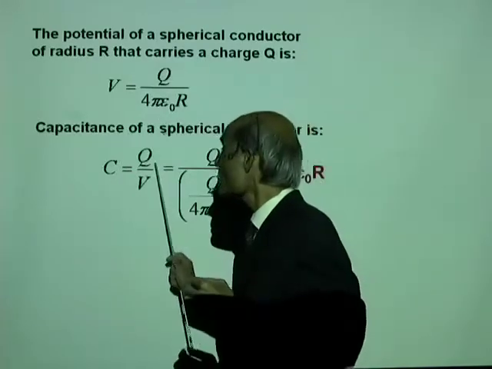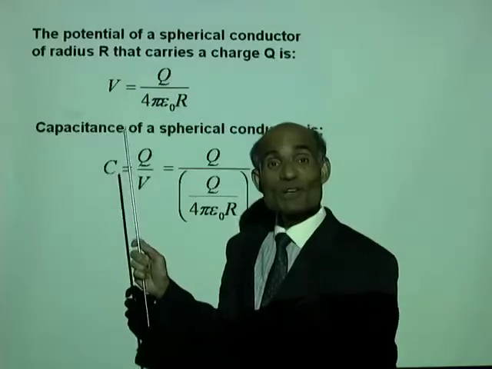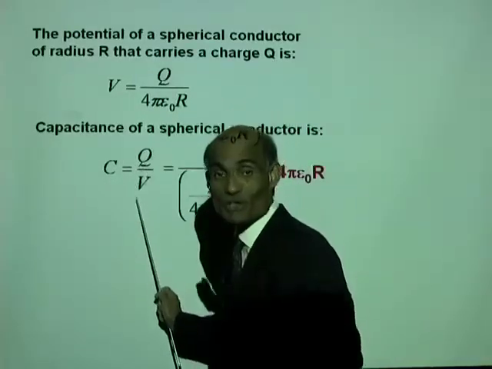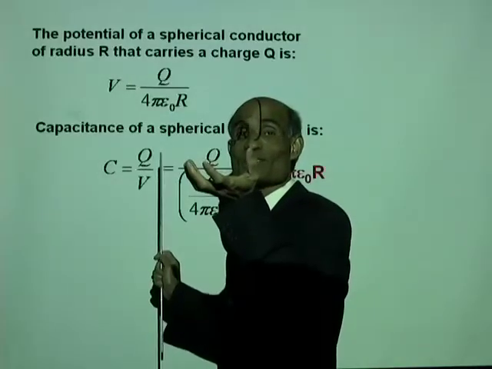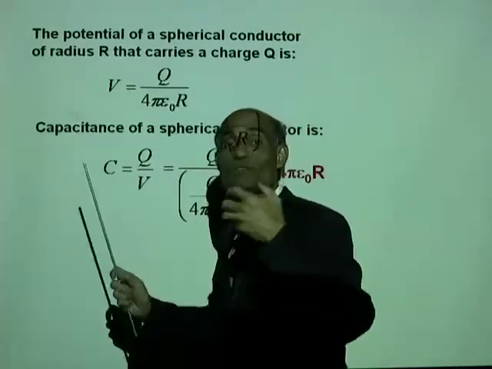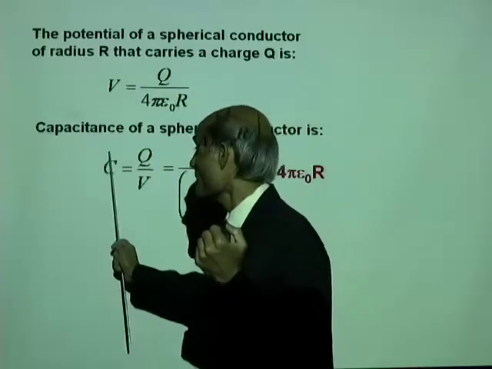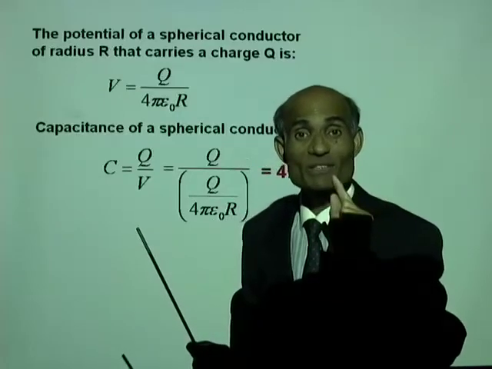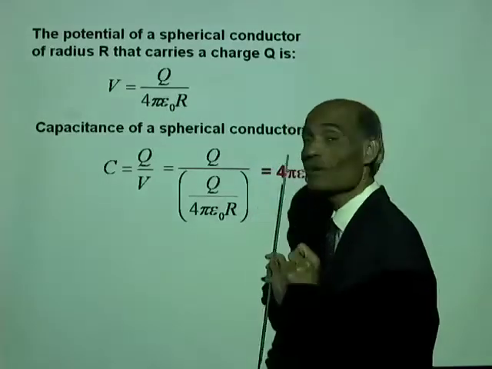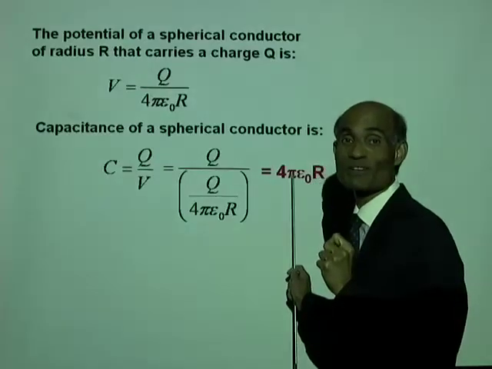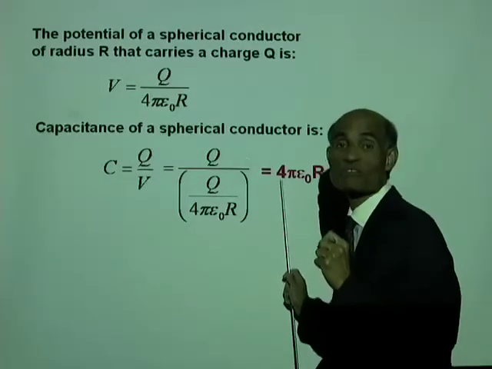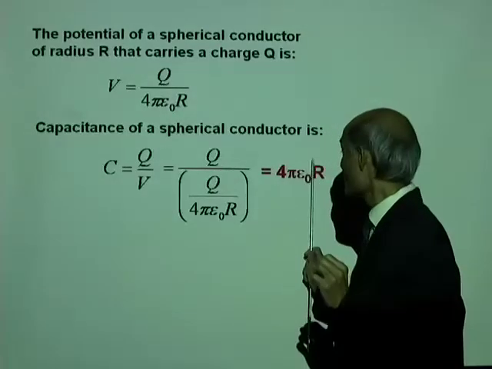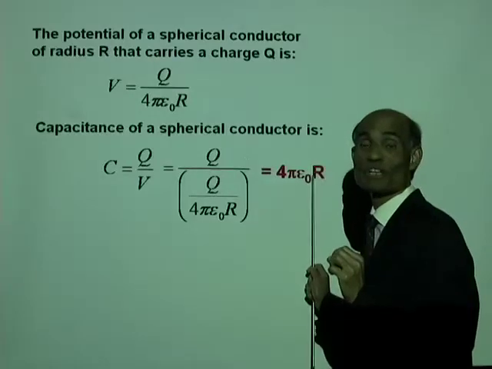If you increase the amount of charge, the potential difference also increases. That means Q over V will remain a constant. Capacitance of a conductor is actually a constant for a given conductor. It depends only on the physical dimensions of the conductor. What does the capacitance of a spherical conductor depend on? It depends on the radius of the conductor.